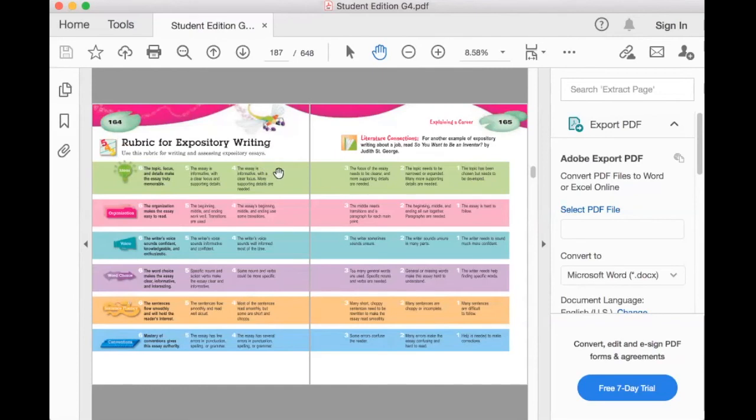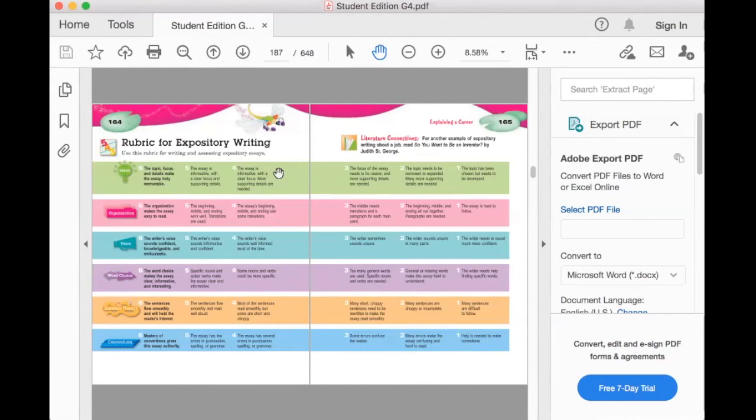If Fumi got a number 4 mark, the teacher would have said this essay is informative with a clear focus. More supporting details are needed. She did give Fumi a number 5: the essay is informative with a clear focus and supporting ideas.